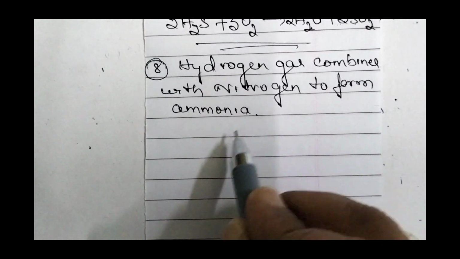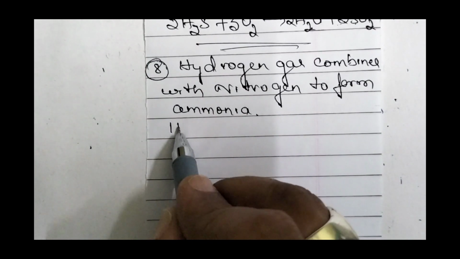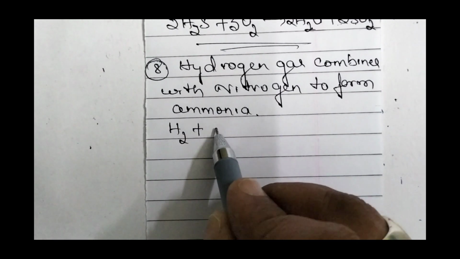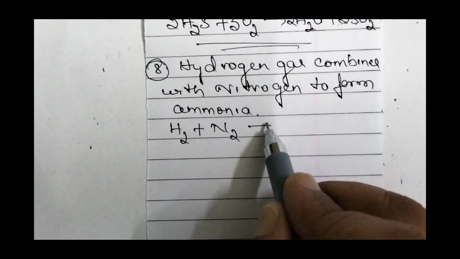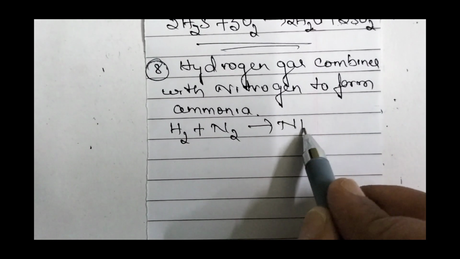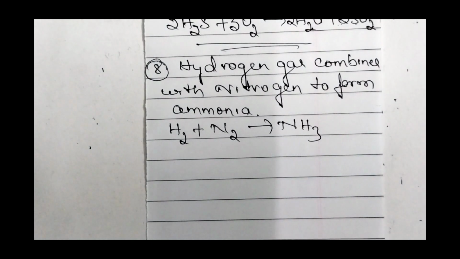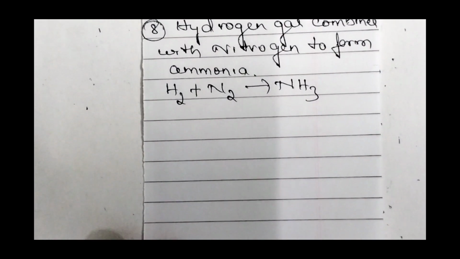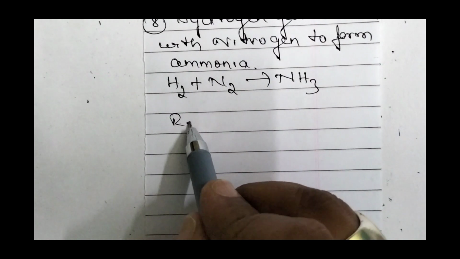So now let us write the skeletal equation. Hydrogen H2 plus nitrogen N2 give rise to ammonia NH3. So this is a skeletal equation. Now let us balance this skeletal equation.